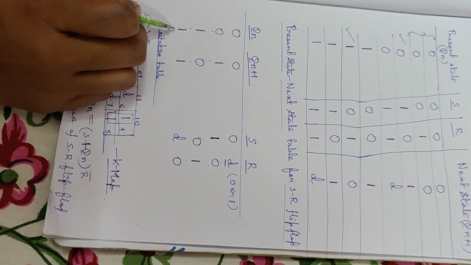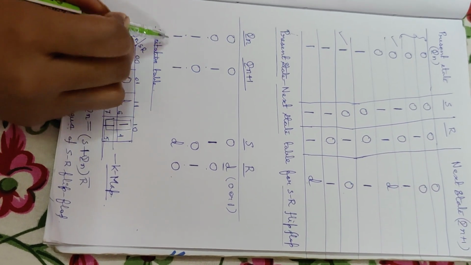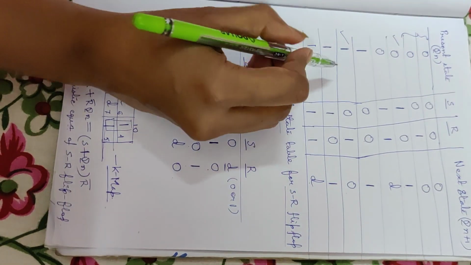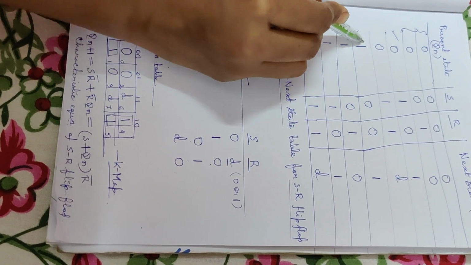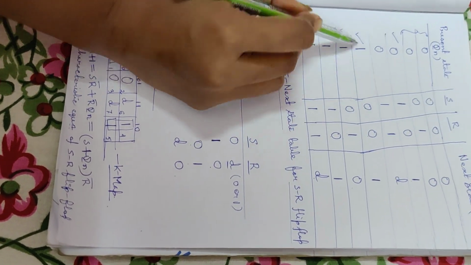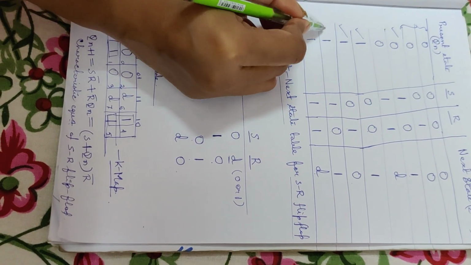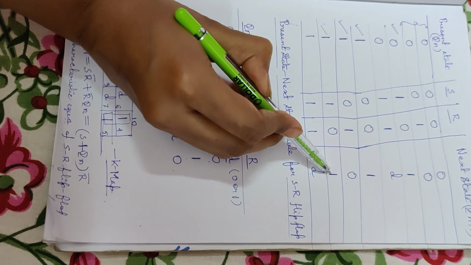Now coming to the case where both present state value and next state value are 1. So both are 1 for these two cases. For this case the present state is 1, next state is 1, and for this case here also the present state is 1, next state is 1.